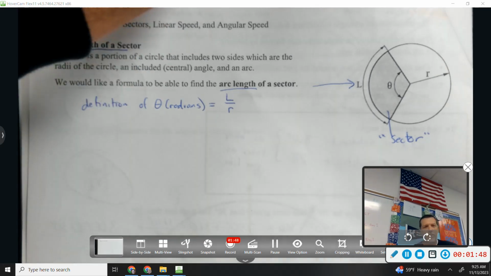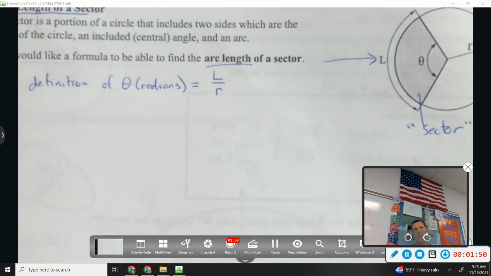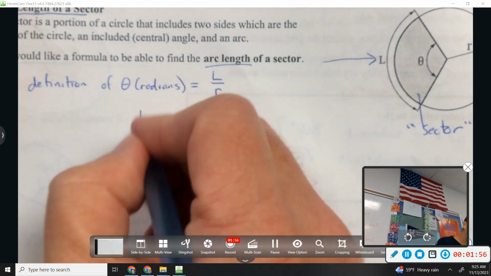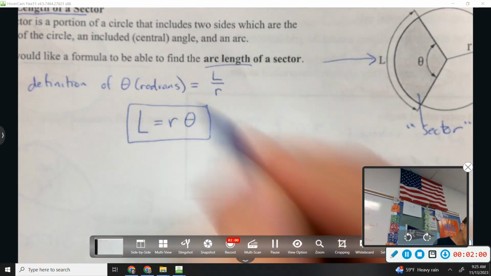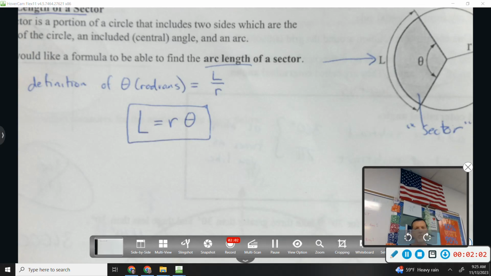That's literally the definition of what a radian is. It's how long the arc length is divided by r. And so you can rearrange things, and L is r times theta. So there's the formula for the arc length.